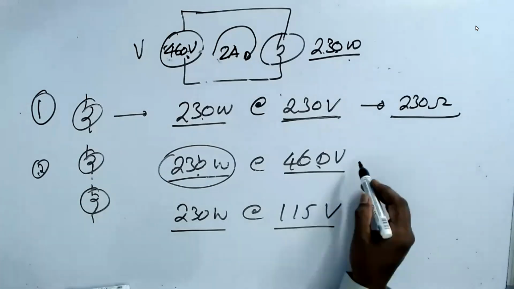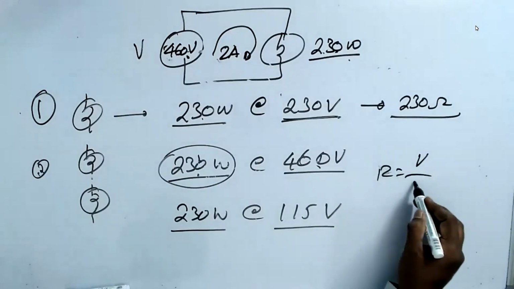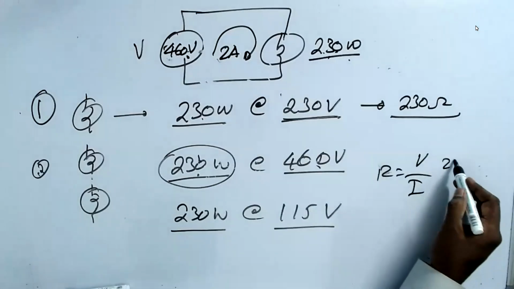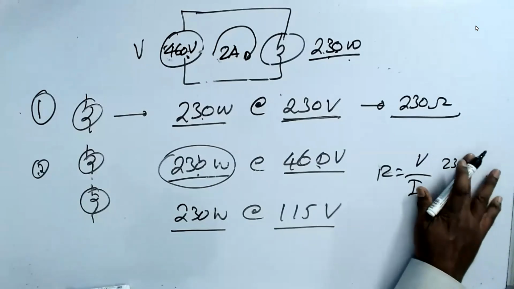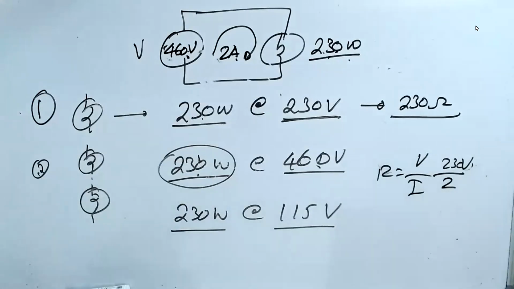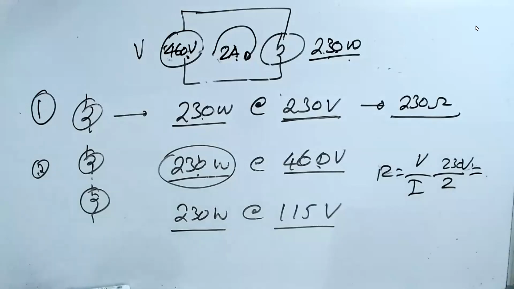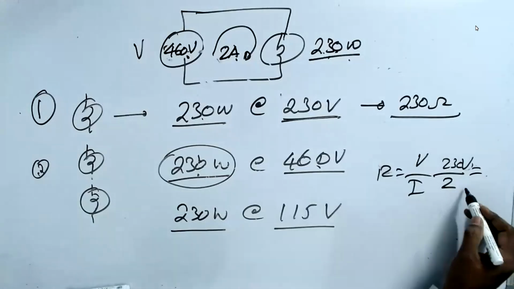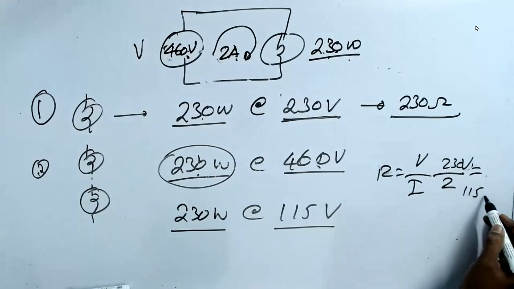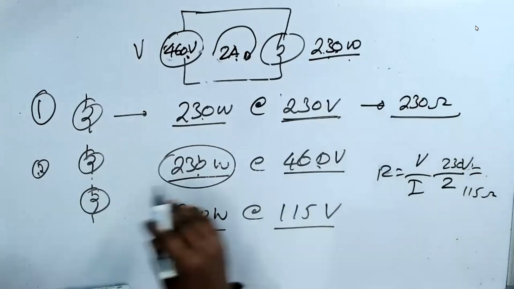R is equal to V by I, 460 volts by 2 amperes, which gives 230 ohm.